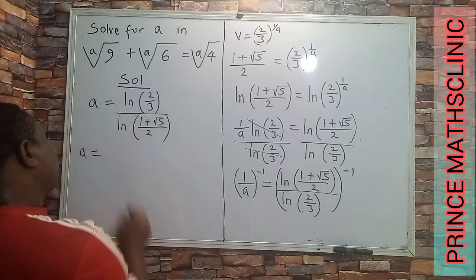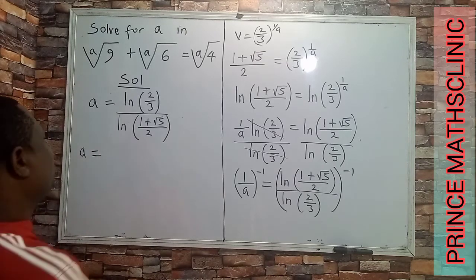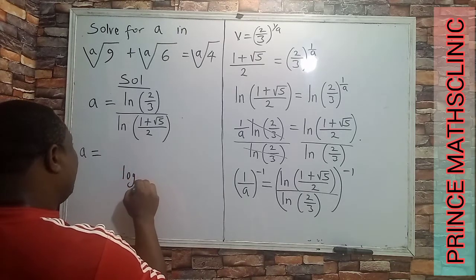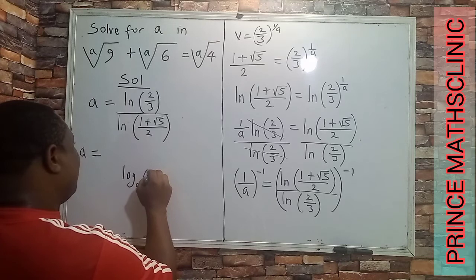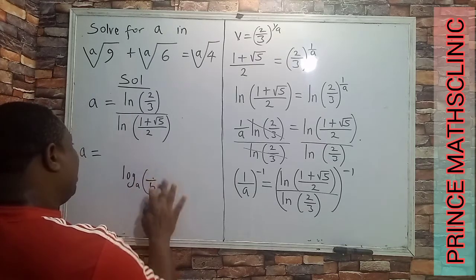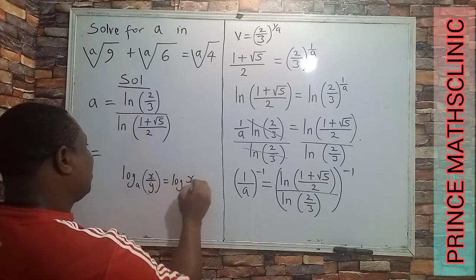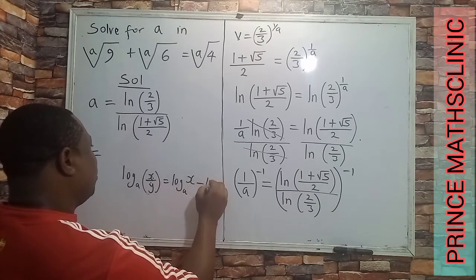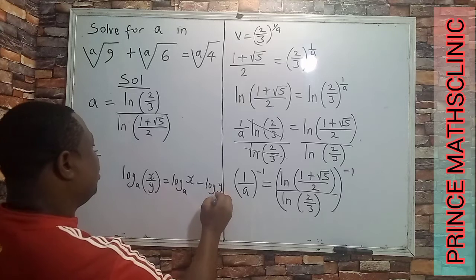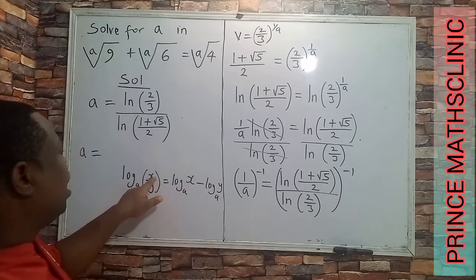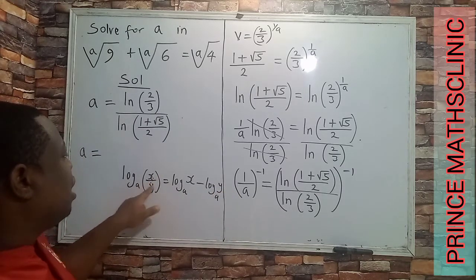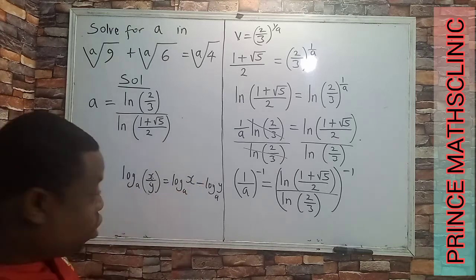So let's interpret this. From the laws of logarithm, we know that if we have a common log like this, we have a over b. Okay, let's use x over y. It becomes log x base a minus log y base a, because both of them share the common base a. Then under division, it becomes subtraction.